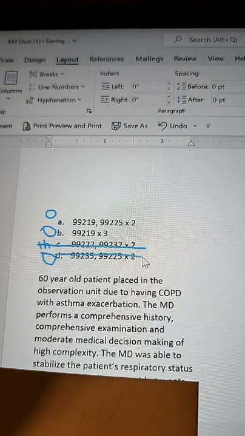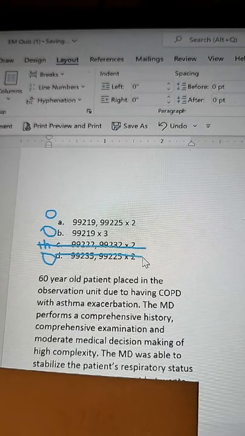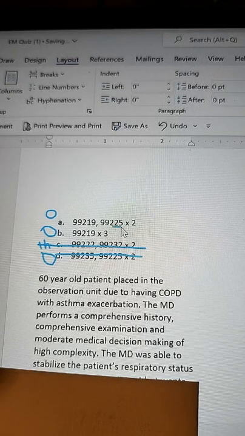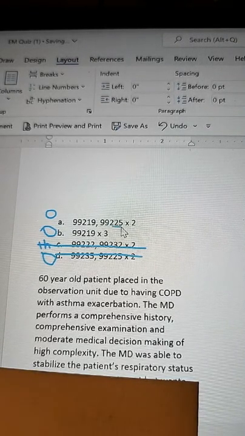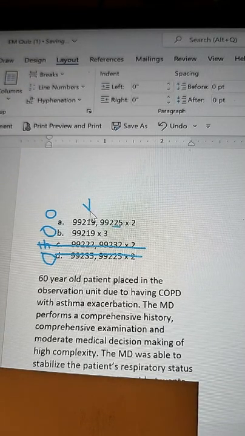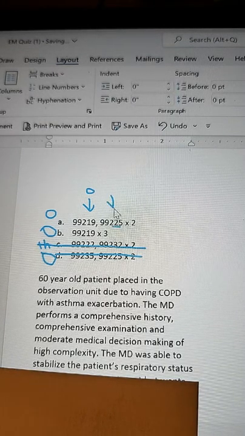So I would get rid of that one. And our 225 happens to be our subsequent observation. So we have initial hospitalization observation status, and then we have 2 days of subsequent observation visits.